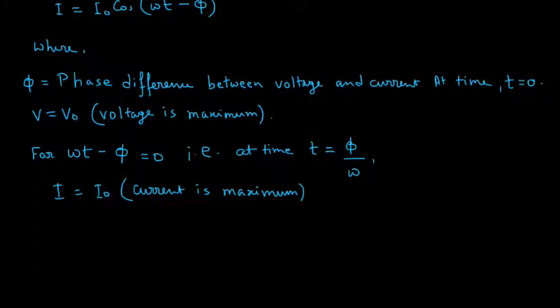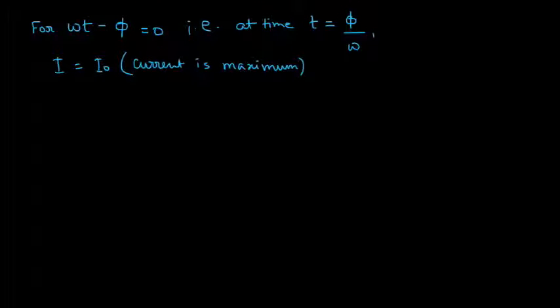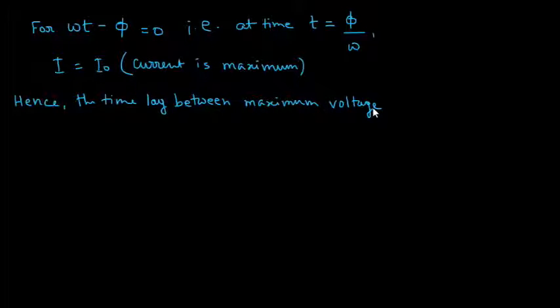Hence, the time lag between maximum voltage and maximum current is phi by omega.